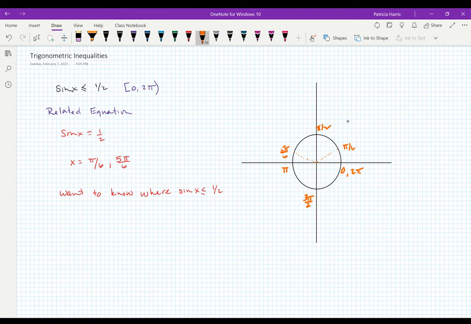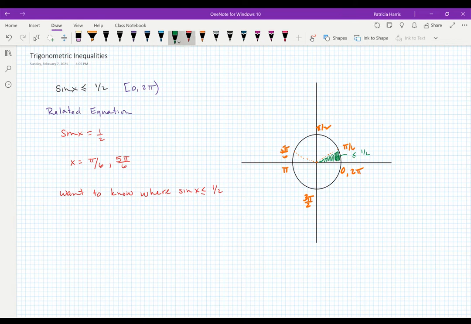If I think about sine, sine at 0 equals 0, and then it goes up until it hits pi over 6. At this point, it is less than 1/2. It's below that 1/2 mark. As soon as it hits pi over 6, it's above that half mark until it comes all the way around to 5 pi over 6.